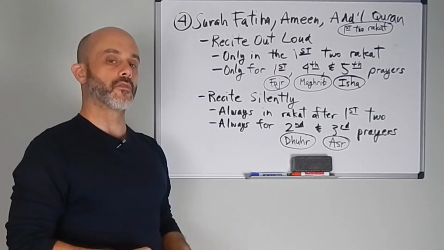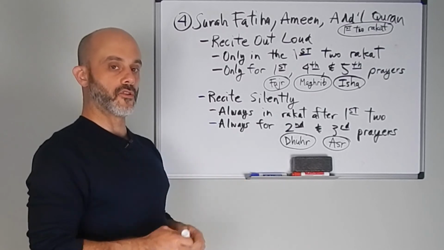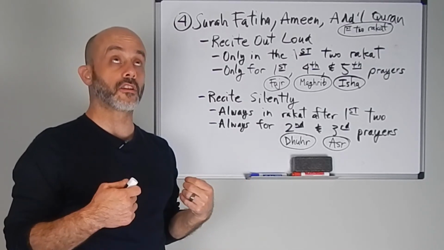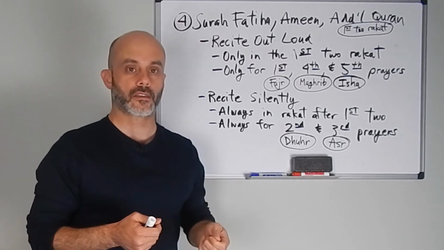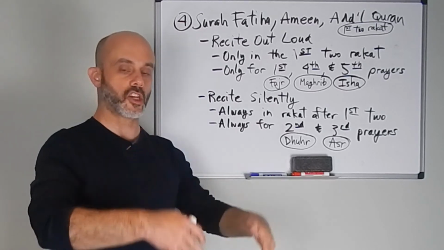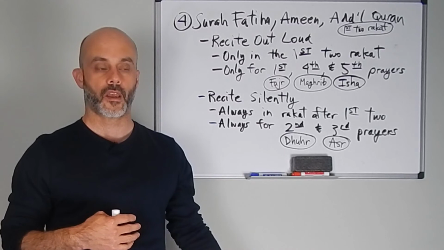So another way that you can remember this is, for the 2 middle prayers, noon and mid-afternoon, all that you're reciting out loud is the initial takbir, Allahu Akbar, and then the changes of position, and finally the taslim.